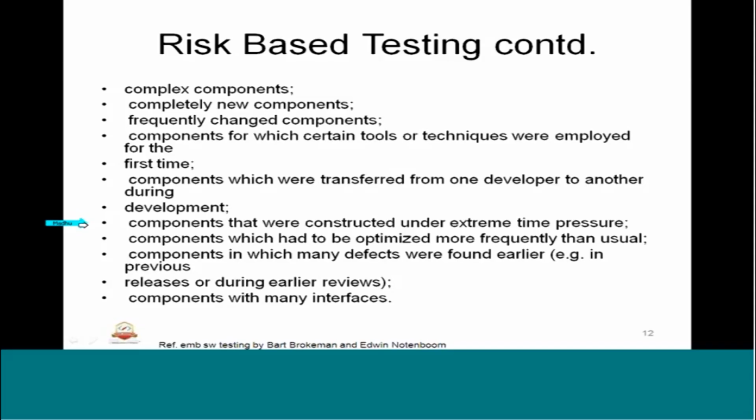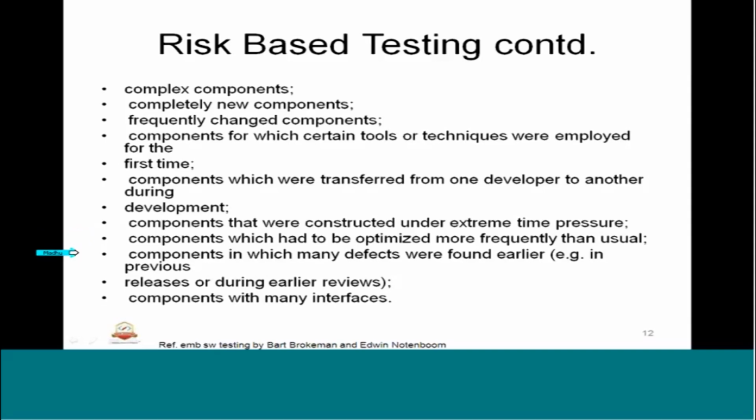And those components need to be identified as risk components or risk elements. And here component means it is not the hardware component, it is any piece of the embedded software system. So components which had to be optimized more frequently than usual. That means more optimization is required on those components, and that also can come under a risk.